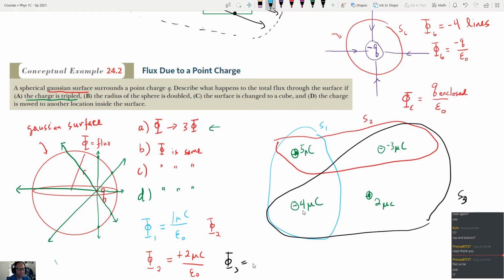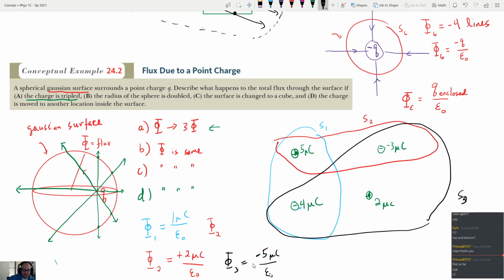Positive 3. Yeah, 4 plus 2 is 6 minus 3. Oh, this one's negative. That's negative, yeah. It doesn't look negative because I didn't put a negative sign in front of it. It'd be negative 5, right? So negative 7 minus 2 is negative 5. So negative. And that's Gauss's law. Does that make sense?